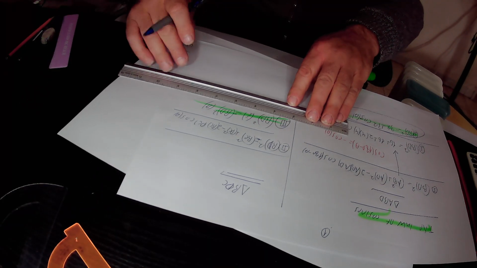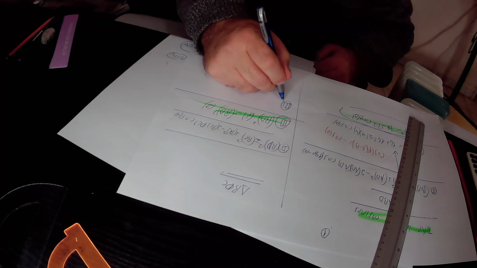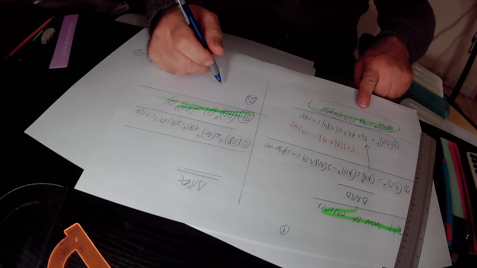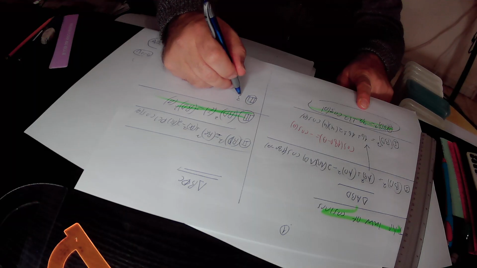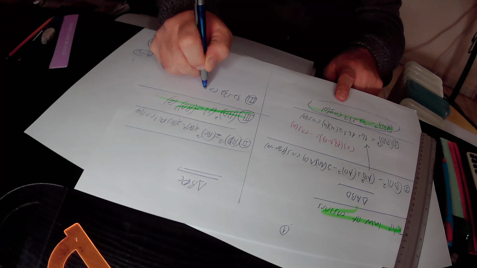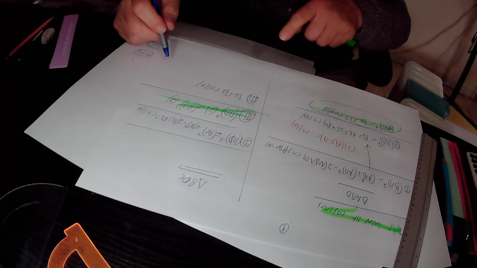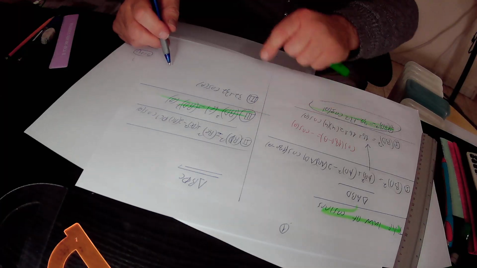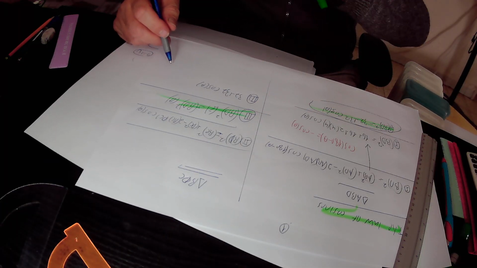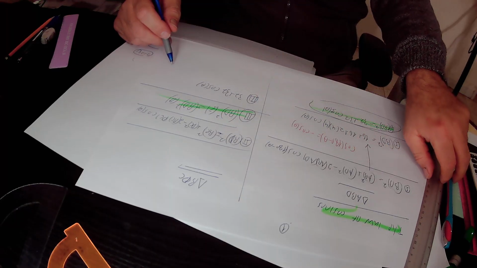So BD square according to equation 1 is equal to 32 plus 32 times cosine theta. And it must be equal to BD square according to equation 2, which equals BC square.